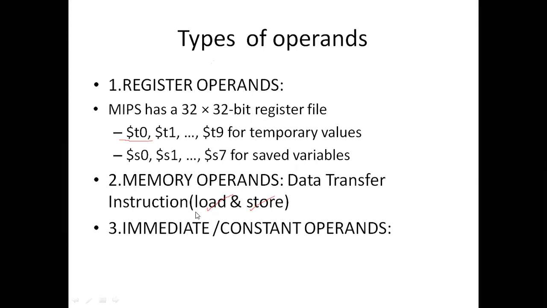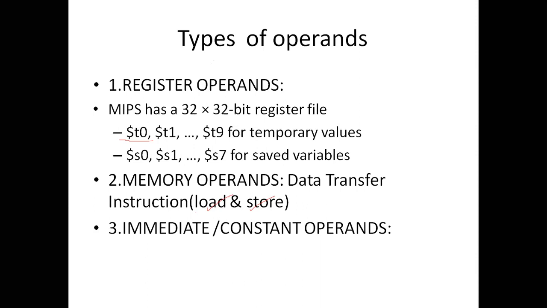So with the help of load instruction we can transfer the data from memory to register. With the help of store instruction we can transfer the data from register to memory. So this is nothing but data transfer instruction. So in the case of data transfer instruction, we should use the memory operand. That means we should use any one of the operand as memory.